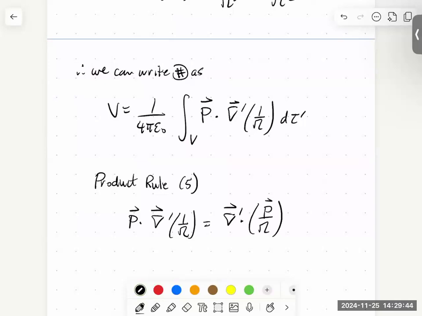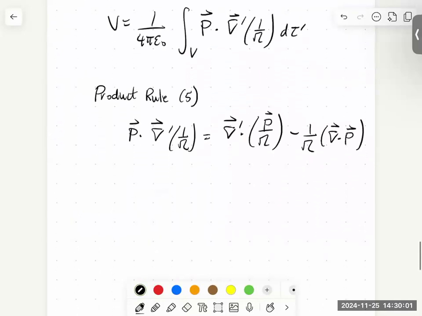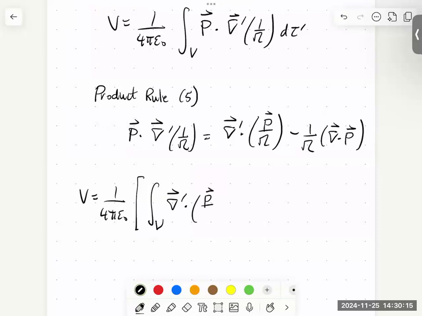That's the one that's going to lead to divergence theorem, minus 1 over script r times the divergence of the polarization. Okay. So what does our potential become? There's going to be two terms now. So we get the one where we're going to be doing divergence theorem. And then it's 1 over script r.